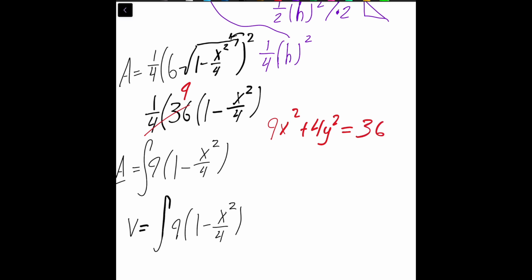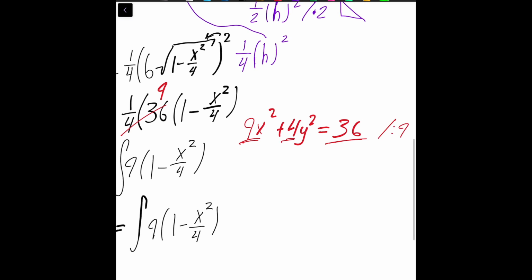If you notice again though, I have 36, 4, and 9. 9 and 4 are both factors of 36. So I'm going to simplify this expression. I'm going to divide by 9, giving me x squared plus 4 over 9 y squared equals 4. Dividing by 4 gives me x squared over 4 plus y squared over 9 equals 1.